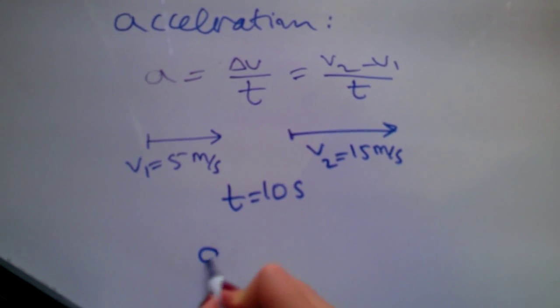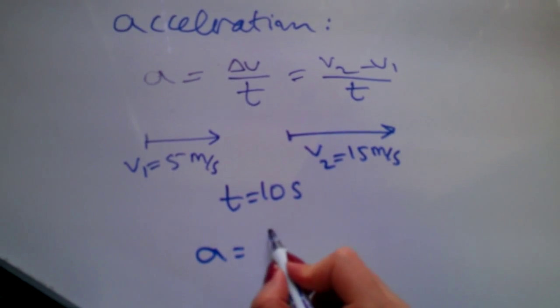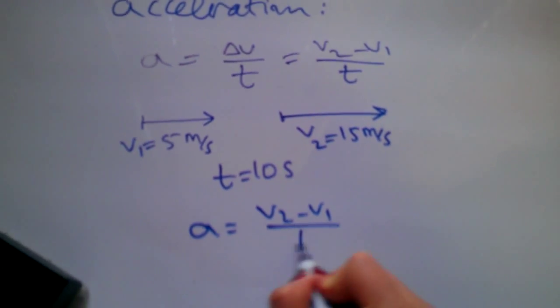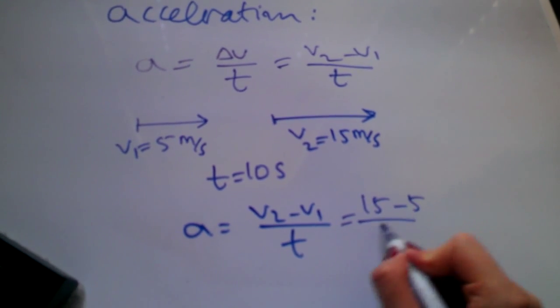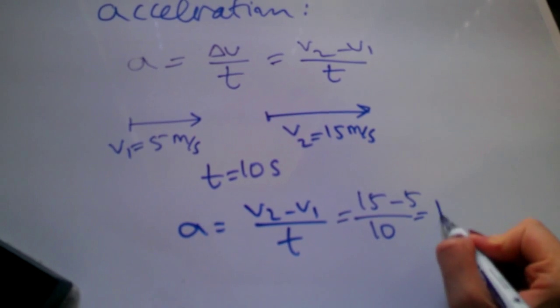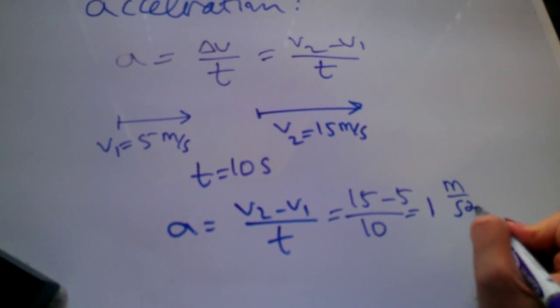Now my acceleration is v2 minus v1 over t, which is 15 minus 5 over 10. That gives me 1 meters per second squared.